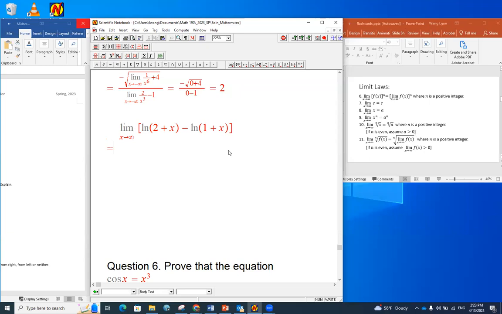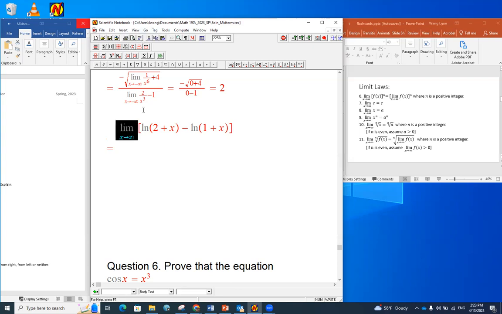First of all, we cannot take the limit individually because as x approaching infinity, the limit of ln 2 plus x approaches infinity, and limit of ln 1 plus x also approaches infinity. So infinity minus infinity, we don't know. So you cannot take limit to the inside. So what can you do?